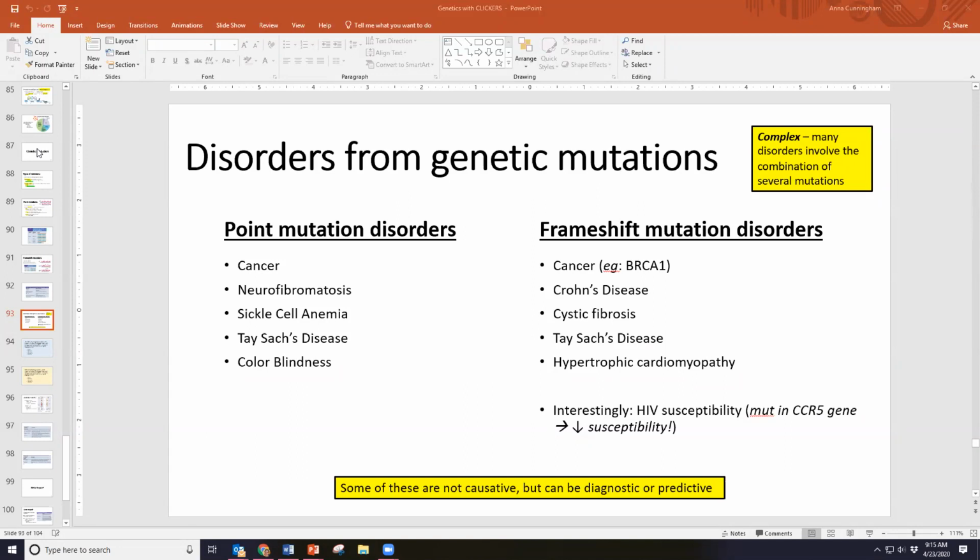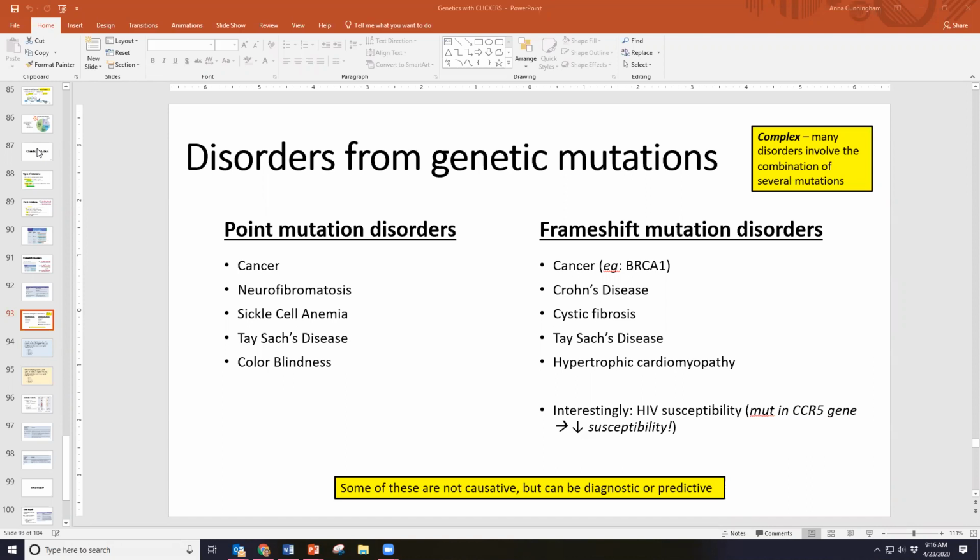This is an important signaling molecule for immunity, but it is also a receptor that's utilized by the virus to gain entry to cells. So if your body doesn't have this, you may have slightly lessened immunity to certain things, usually mild bacterial infections, but you would have resistance to HIV, which sounds pretty good. So not all mutations are necessarily bad.